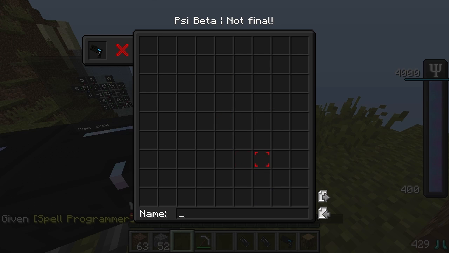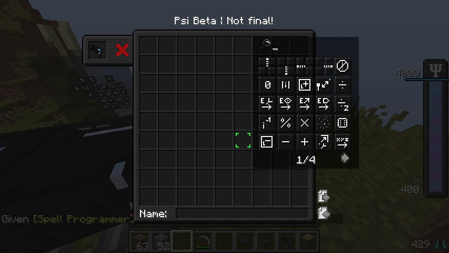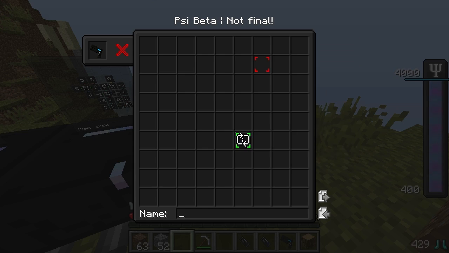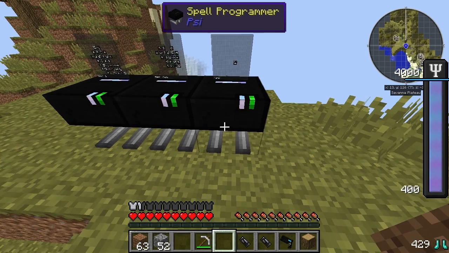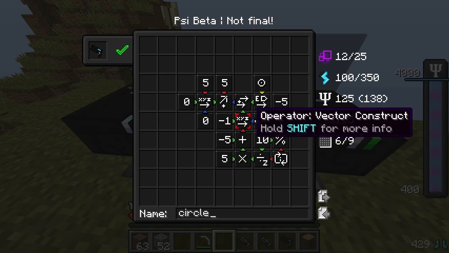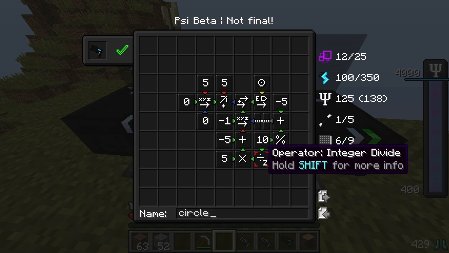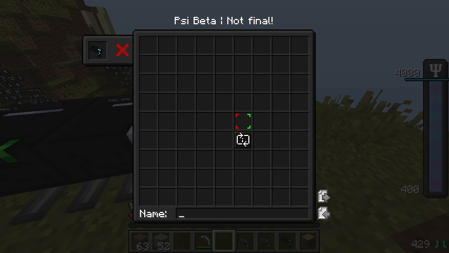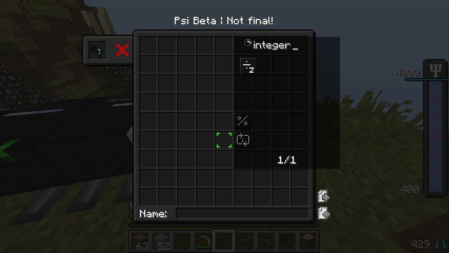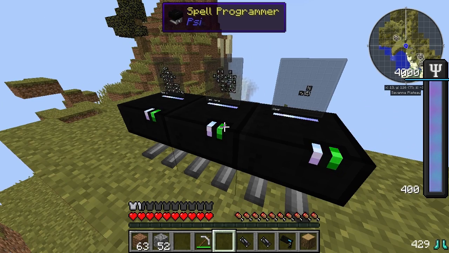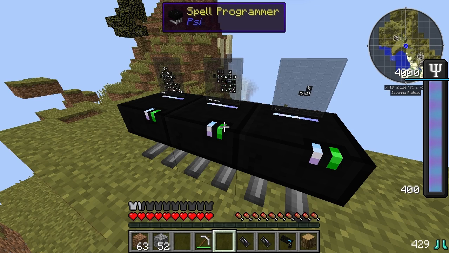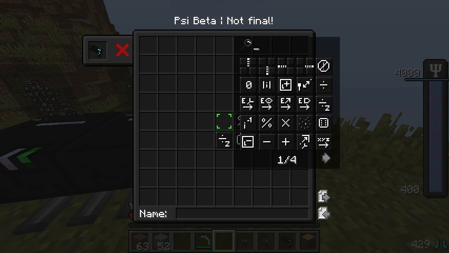So let's just do some of the loopcast stuff here. And then we've got the modulus and the integer divide.